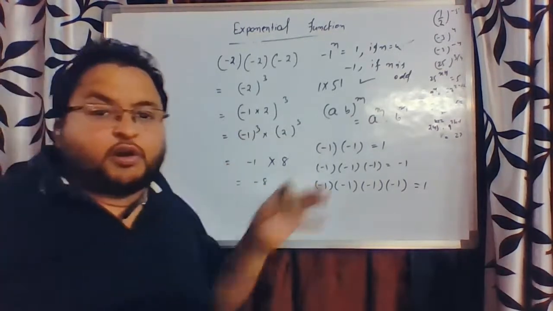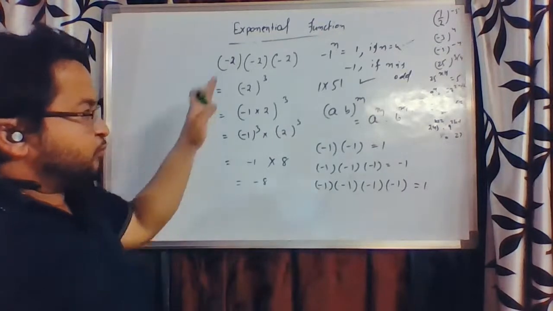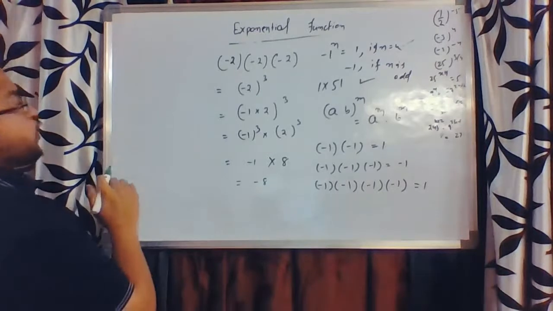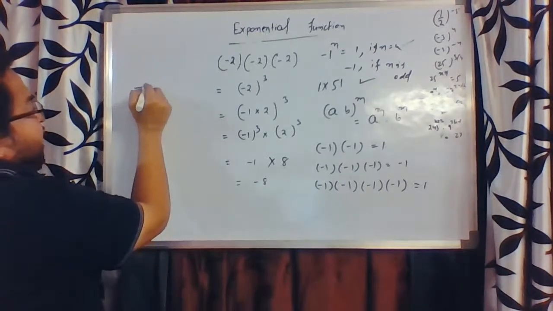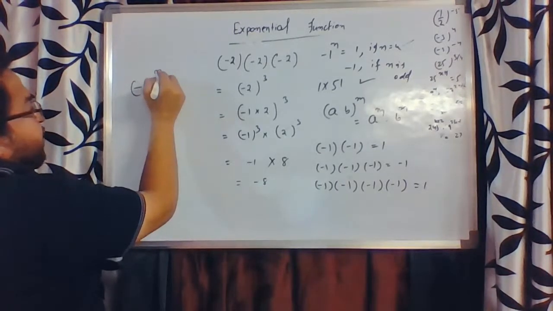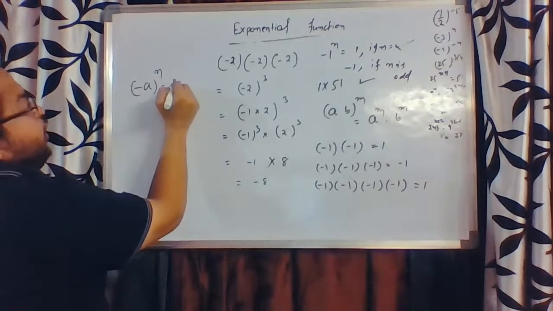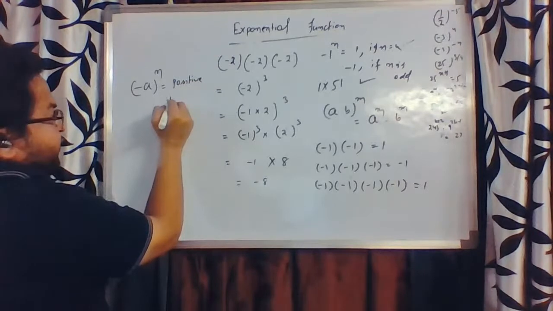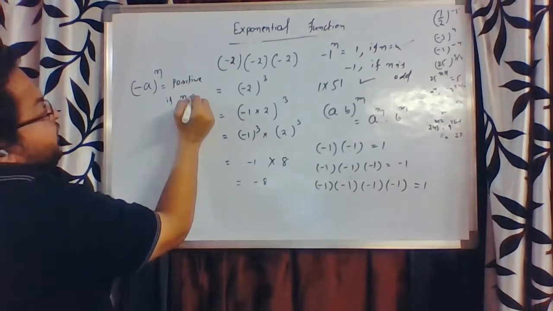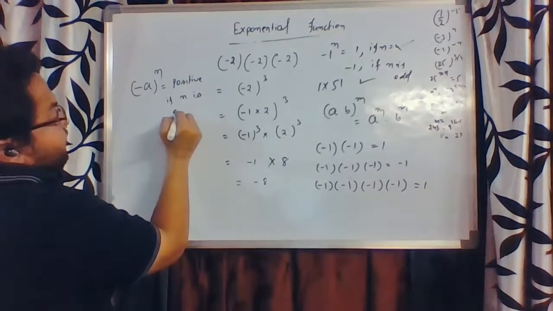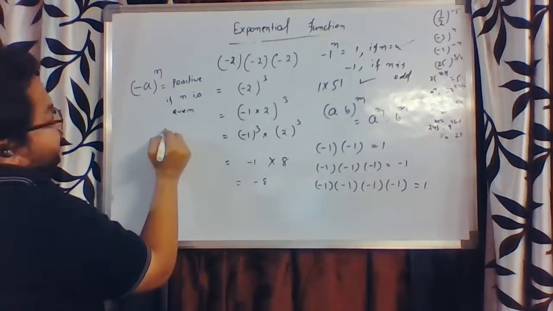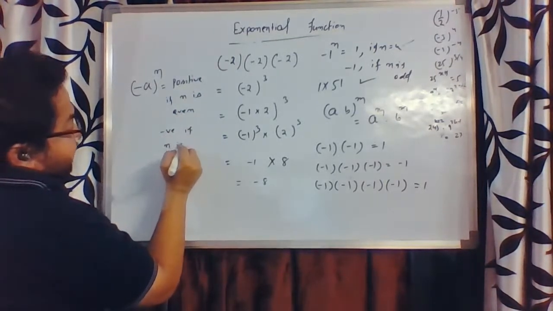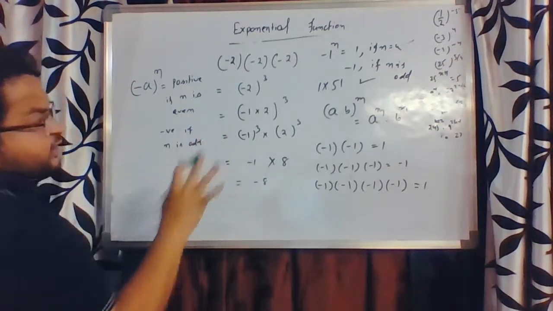So the generalization we want to make from this example is that minus a to the power n will be positive if n is even, and negative if n is odd. The reason is very simple.